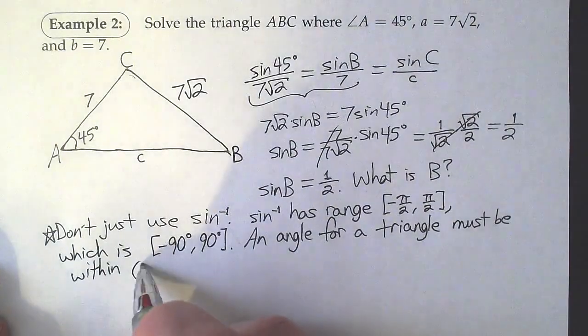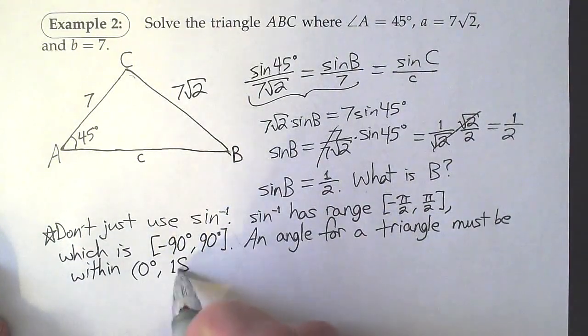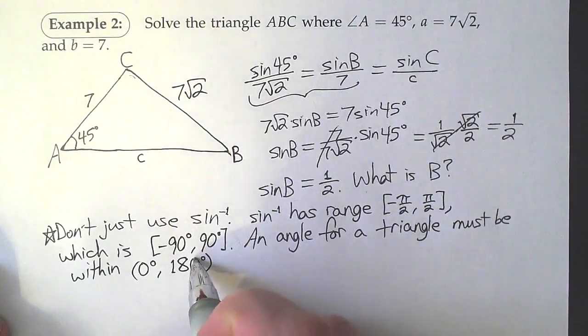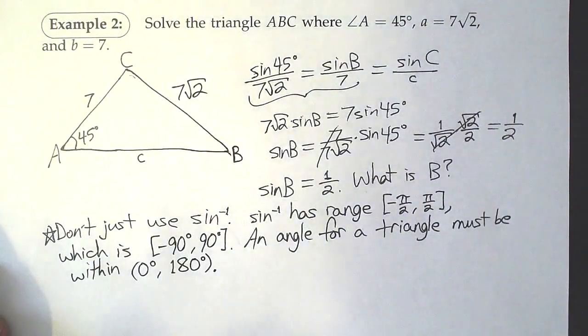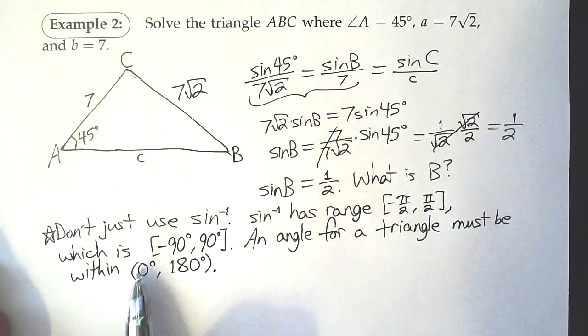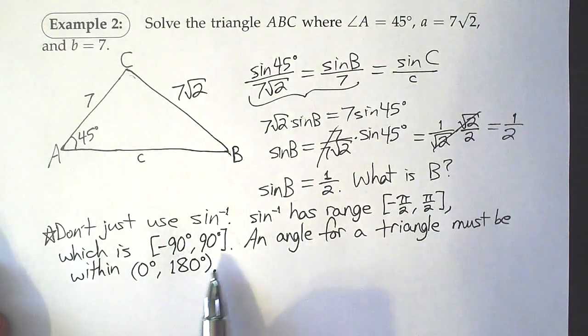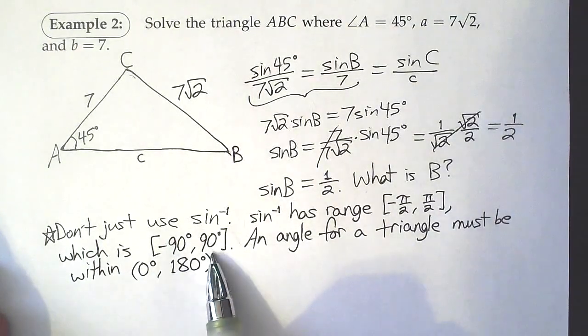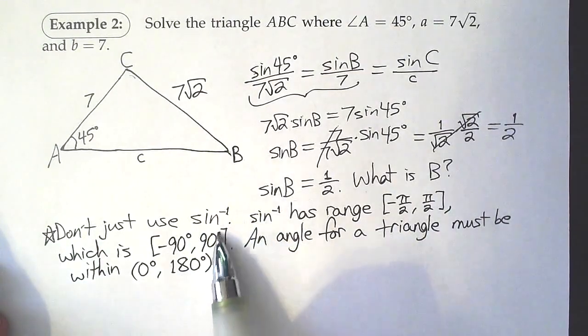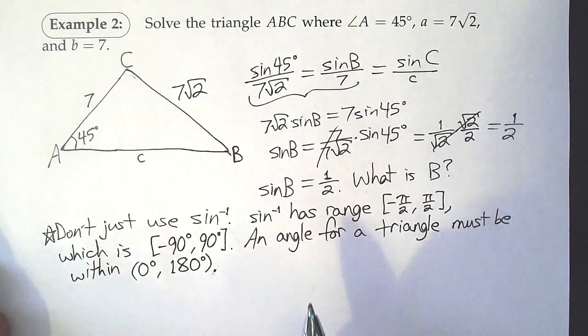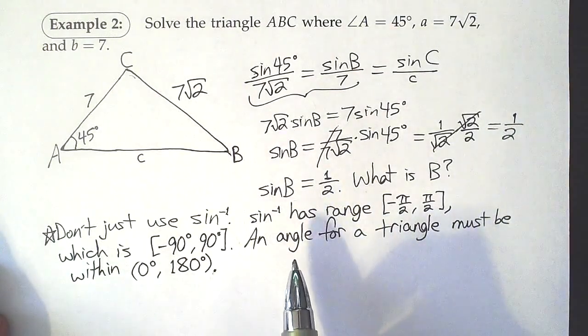Let's say between 0 and 180. I don't think this is going to be quite that large, but for any angle in a triangle, it must be in that range, right? So there's kind of a mismatch here. This is why I'm going to say don't just use inverse sine, because these intervals are not the same. And that can sometimes cause issues.